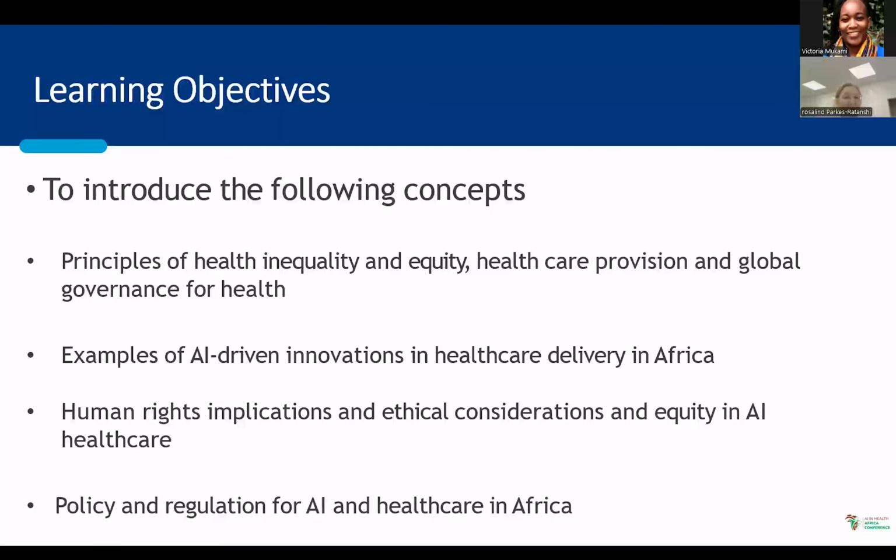We'll think about examples of AI-driven innovations, but less on that. I was going to include some examples from the HASH project, but I think you already have quite a few examples. We're going to think about the human rights implications and ethical considerations in AI and health, and a bit about the policies, mainly focusing on Africa, because that's where I know, but maybe we can have a discussion about those in Asia, in Pakistan and Nepal as well.